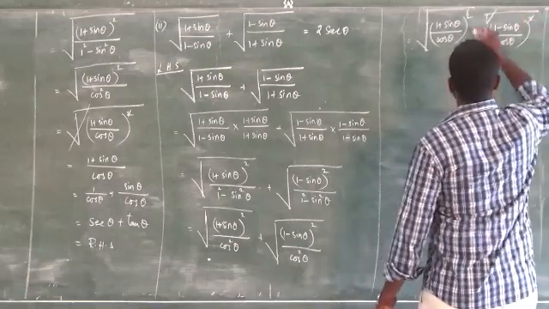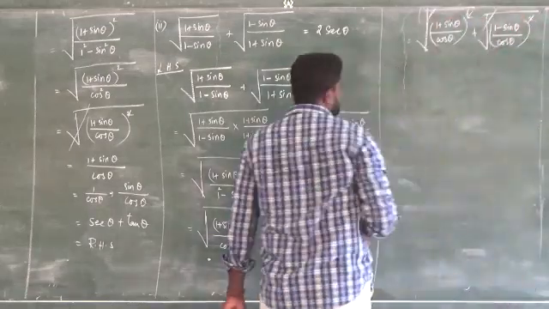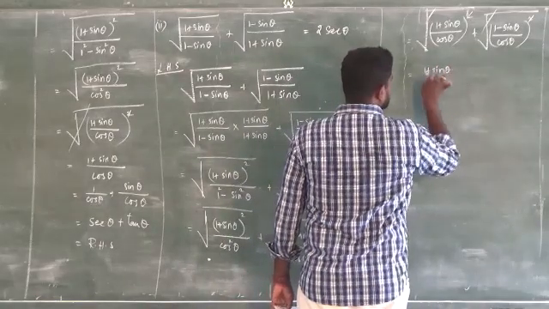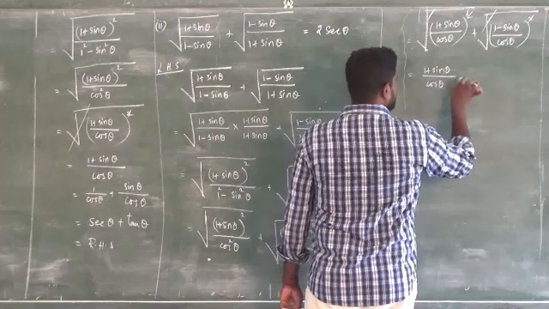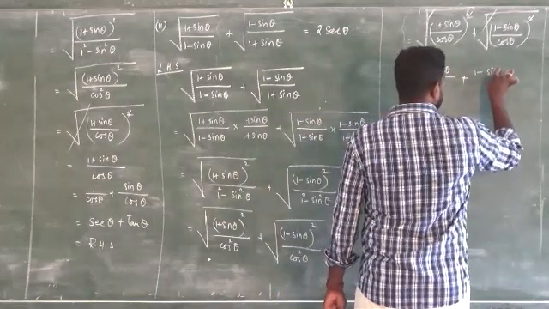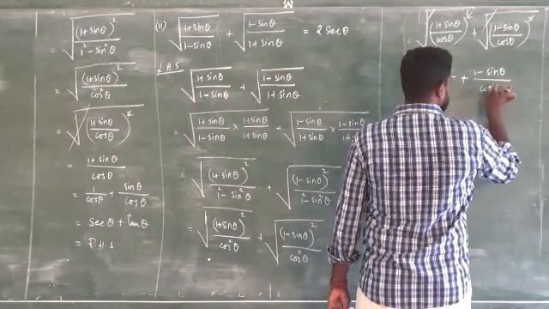So square and root cancel, remaining 1 plus sin theta by cos theta plus 1 minus sin theta by cos theta.